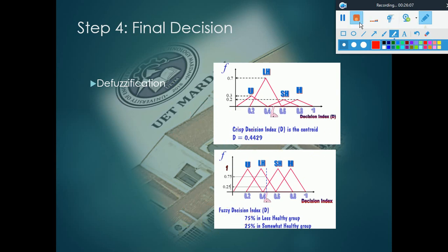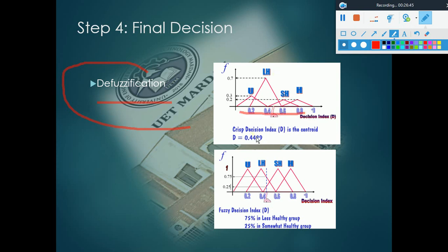Defuzzification. Defuzzification means that we have to find a point, which we call the centroid point, where the membership function is 100%. Defuzzification is somewhat the center of the scale.